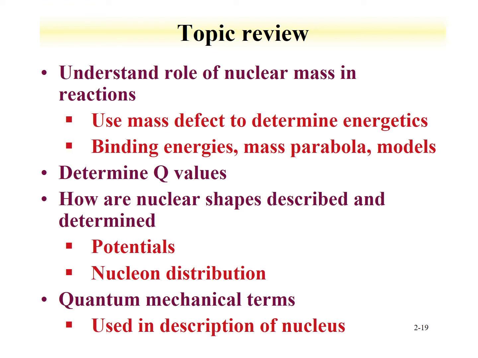There's codes and calculators out there that are available, but you should understand that the Q values, the energy of a reaction, comes from the change in the masses. We discussed nuclear shapes, how we describe them, how they're determined, and basically they come from models that understand mass.